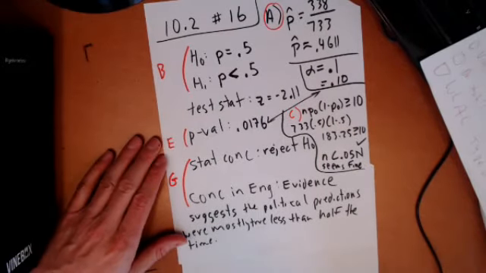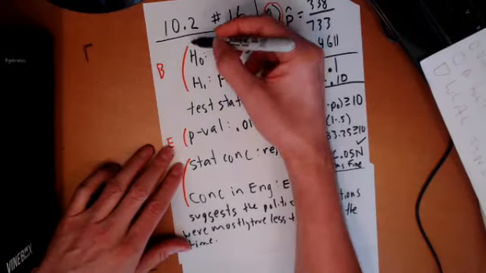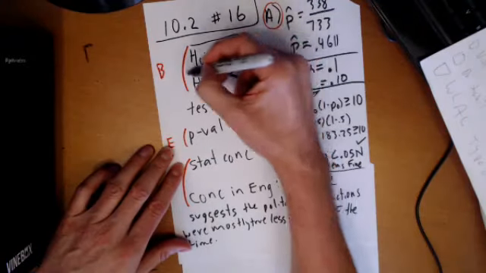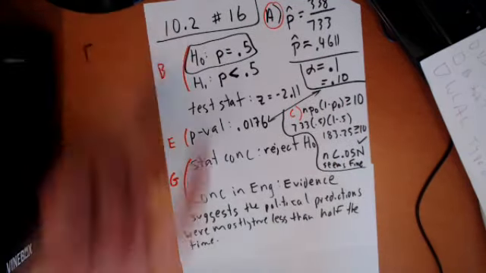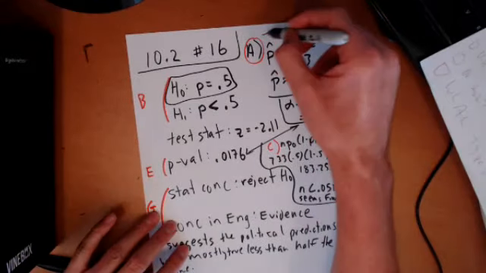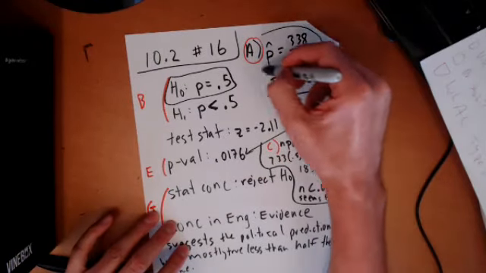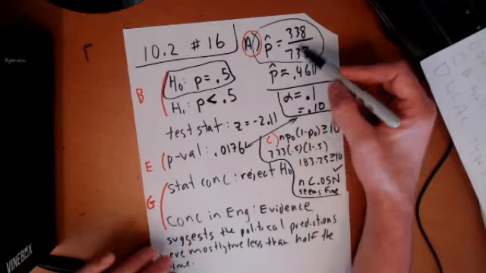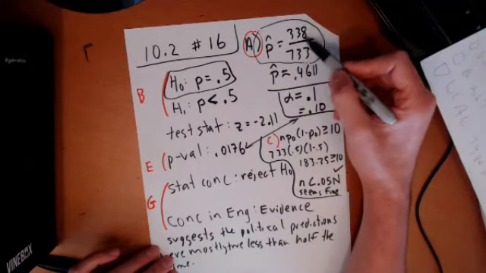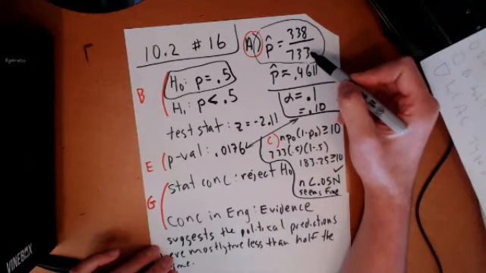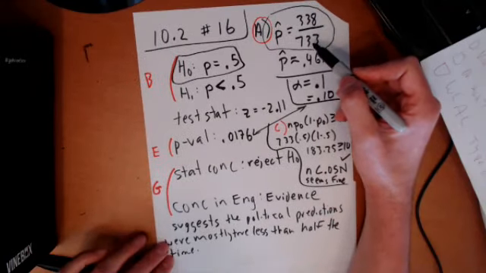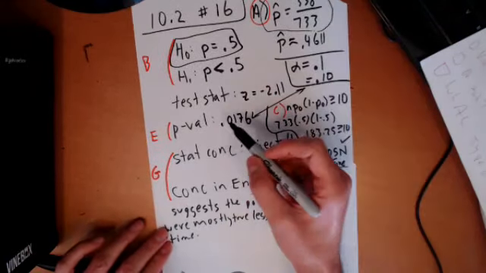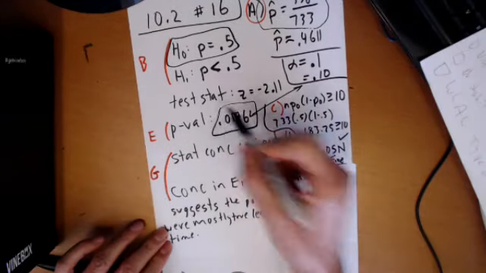So I would say the null is what we're assuming to be true. Okay. So if we assume this to be true, what's the probability of our experiment or what we witnessed? So what's the probability of getting this 338 out of 733 or something more extreme due to chance? Oh, the probability of that is 0.0176.